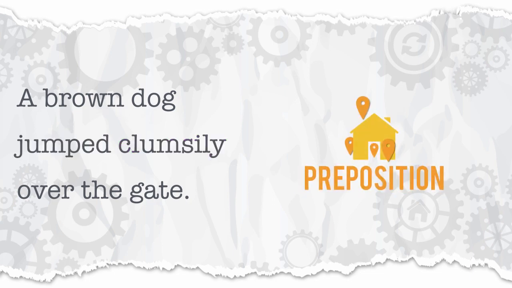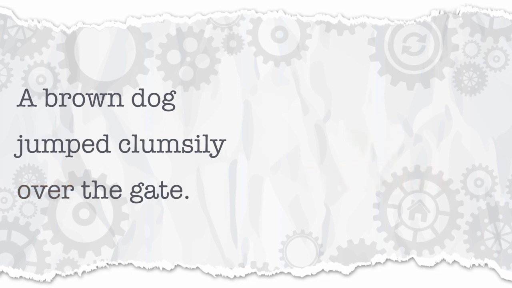What about the preposition in the sentence? Over is the preposition. Prepositions usually come before a noun and express a relation to another word or element in the sentence. He didn't jump next to the gate, he jumped over the gate. And what about a and the?